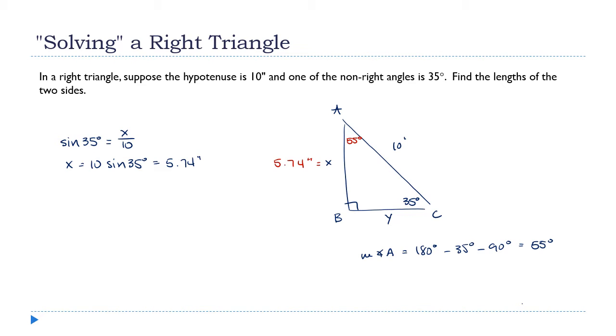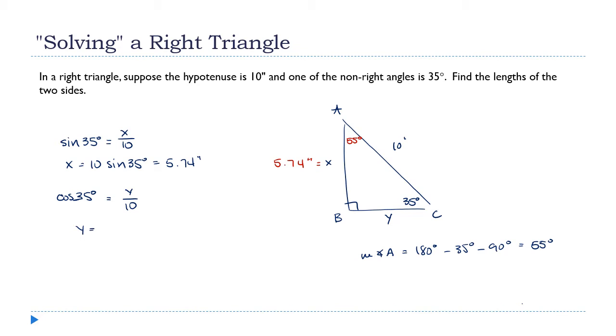And so that is this side. Now I'm going to do the same thing to find the value of y, but this time I'm going to do y over 10. That's adjacent over hypotenuse, so that's going to be the cosine of 35 degrees.